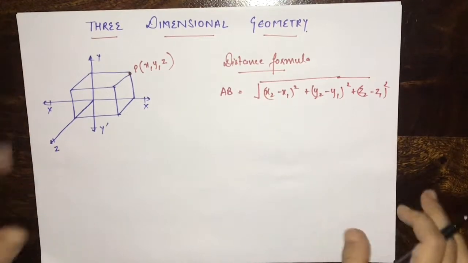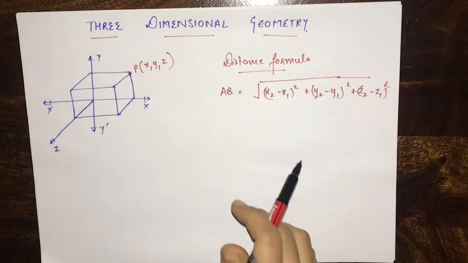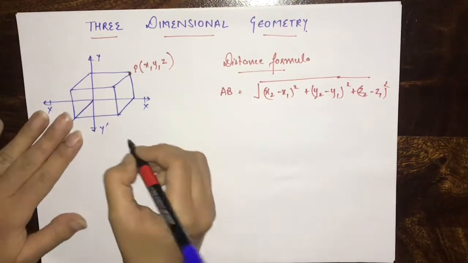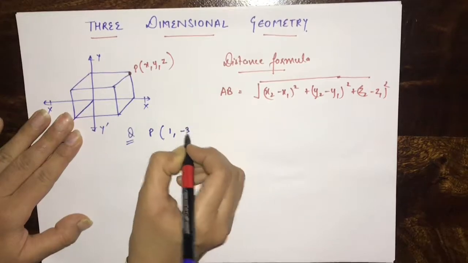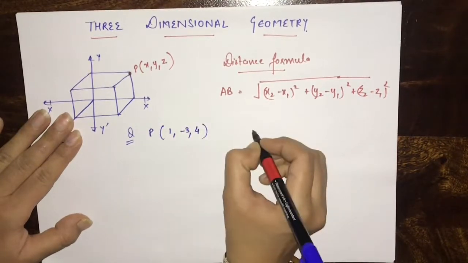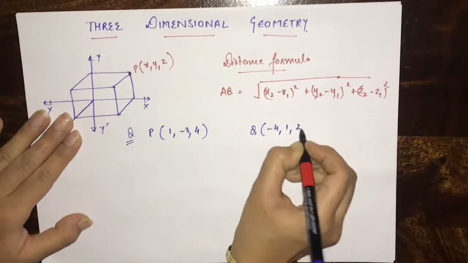Now, how do you use this distance formula? I'll start with a very basic question. Suppose you have point P as 1 comma minus 3 comma 4 and your point Q as minus 4 comma 1 comma 2.